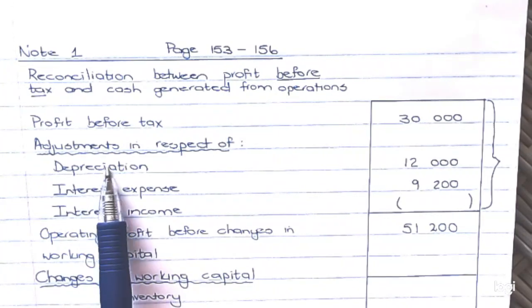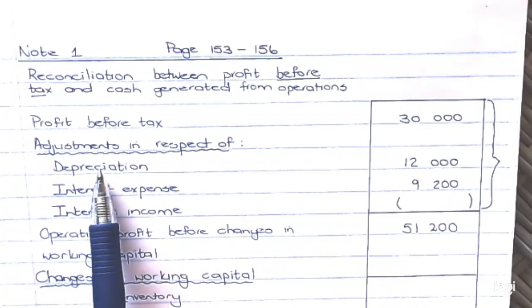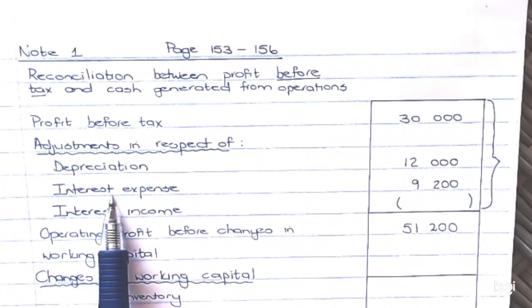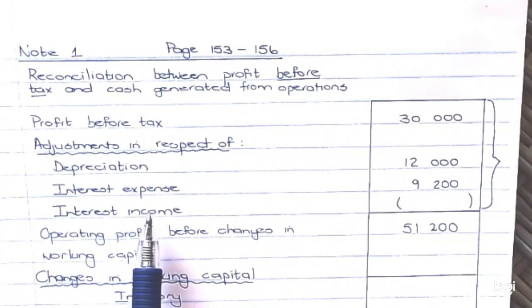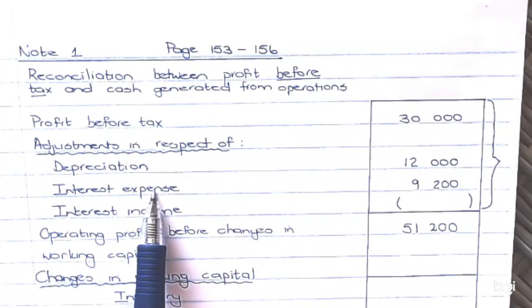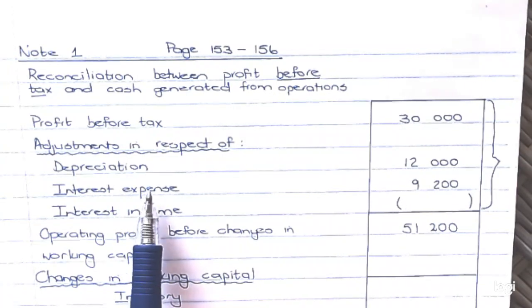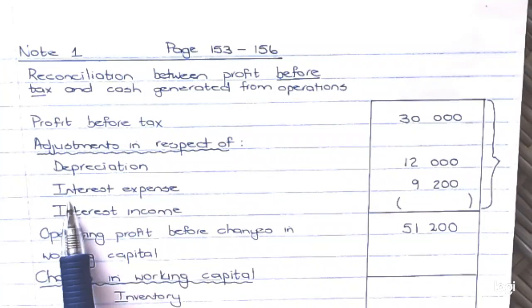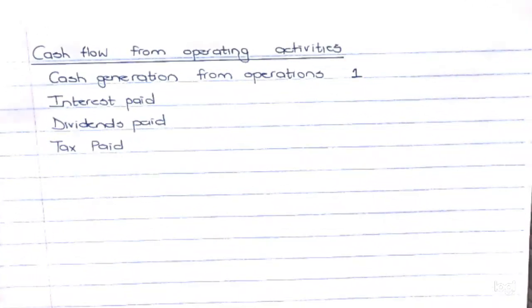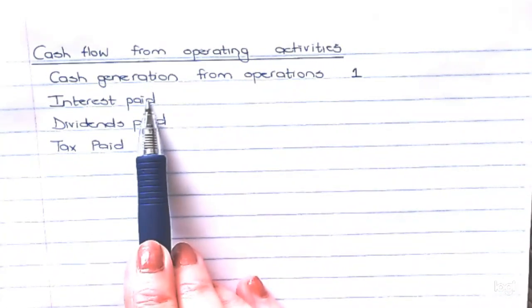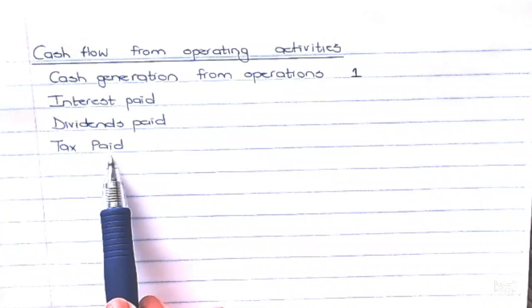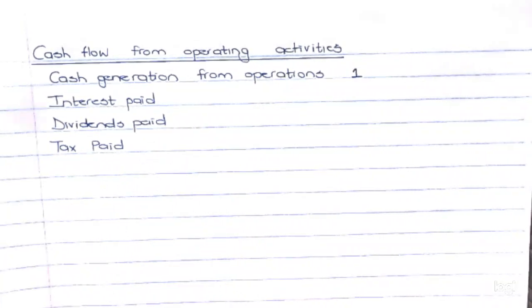These are the amounts for the financial period, for the year, that we either hoped to have received or that we should have paid, but it didn't really necessarily happen yet because it's accrual basis. So this is different. This one will be the actual interest paid, the actual dividends paid, and the actual tax paid. So don't get confused between the two.